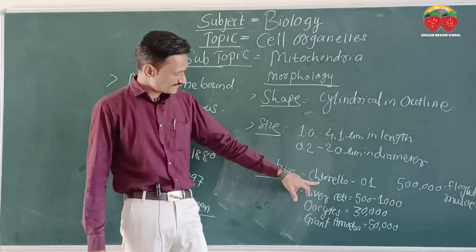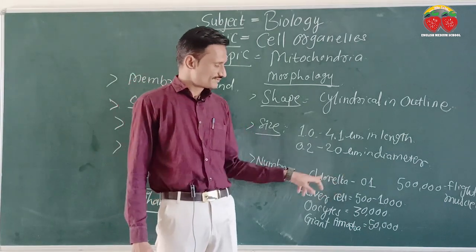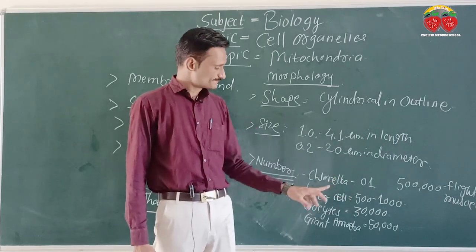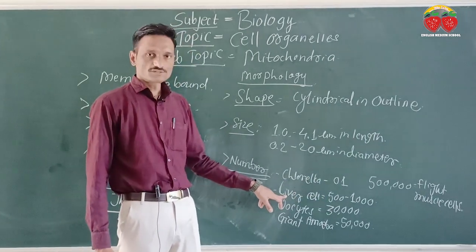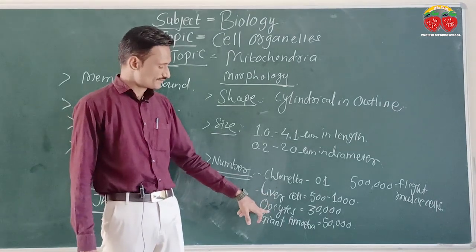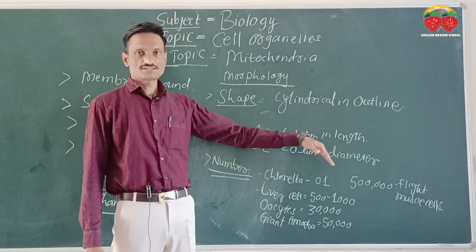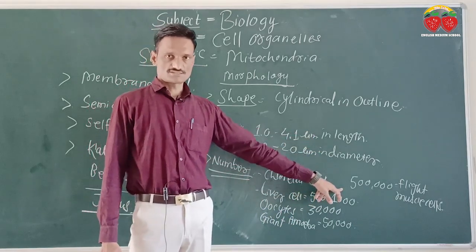So here we check that unicellular organisms show less locomotion. In case of liver in our body, then in oocytes, in giant amoeba, the activity of the cell is increased, so the number of mitochondria is increased.